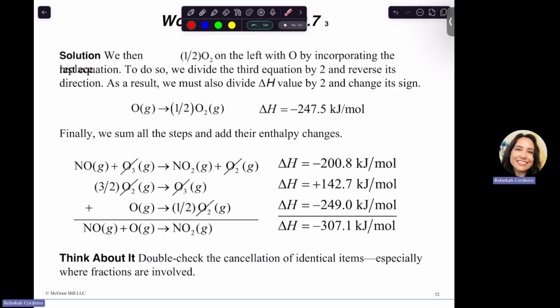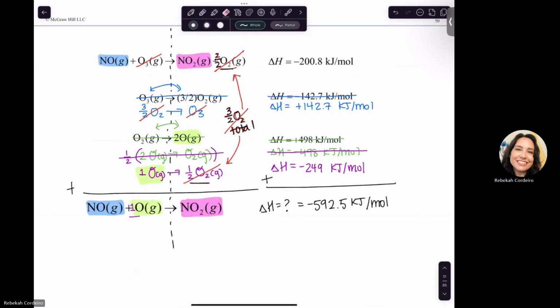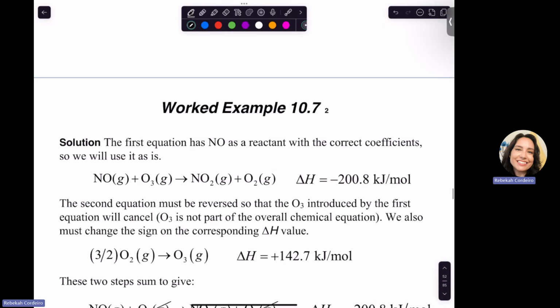How did they get 307? 142.7 minus 200.8 minus 249. Oh, I got negative 307. I typed that in my calculator way wrong. So hopefully you were telling me in the screen that I was typing something in wrong. That was weird. 307.1. There we go.